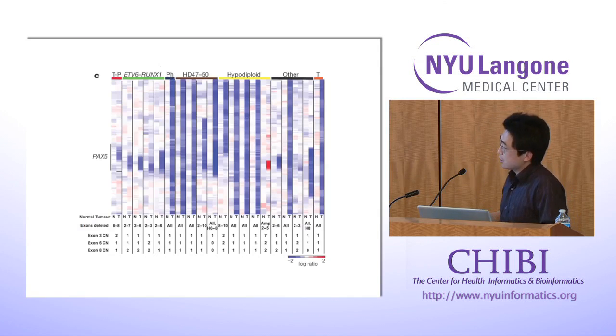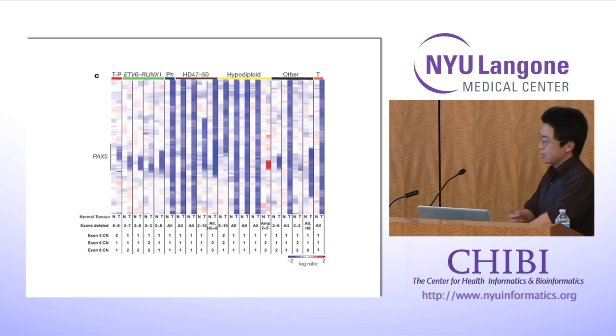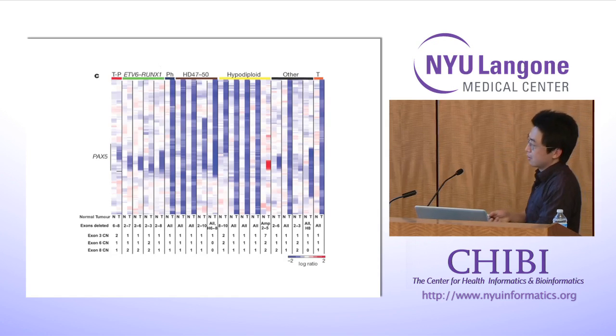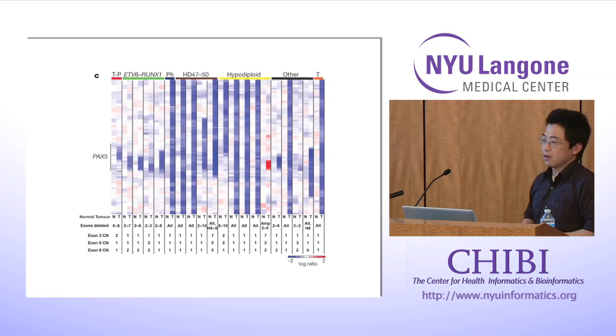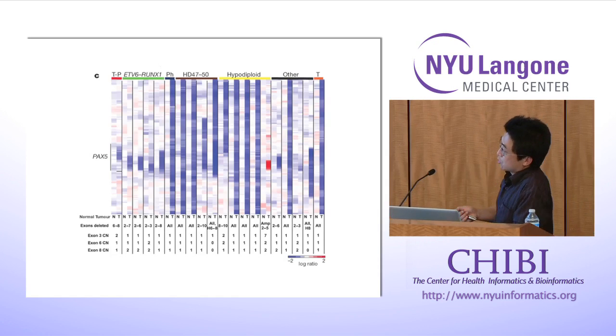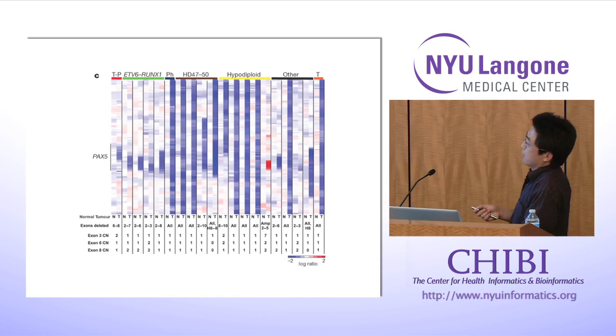So this is a study I mentioned, where they used the dChip algorithm to study leukemia patients, normal versus tumor, and they used the SNP 5.0 chip and actually achieved a very high sensitivity.